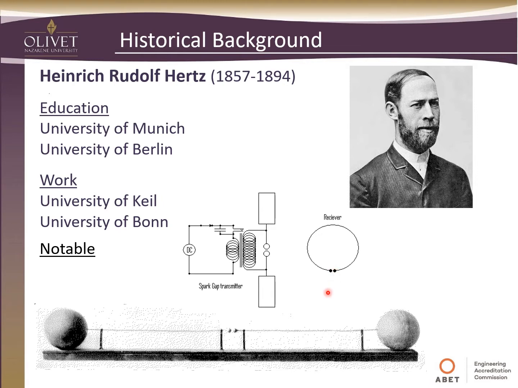So what he was experiencing was the transmission of an electromagnetic impulse, like an electromagnetic wave, transmitted across the room and inducing voltage in an antenna. That was pretty monumental in figuring out the concepts of electromagnetic transmission.